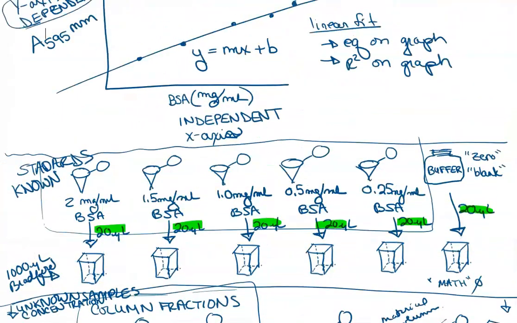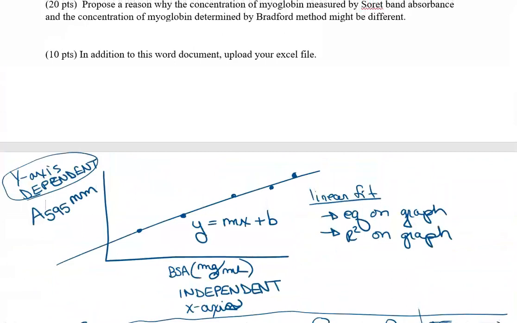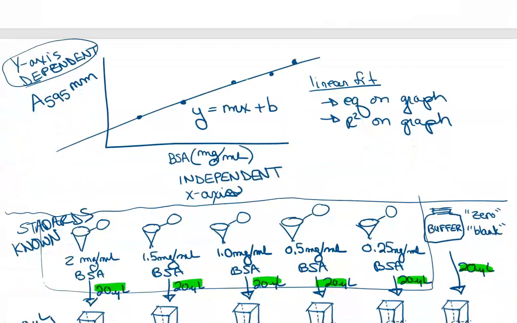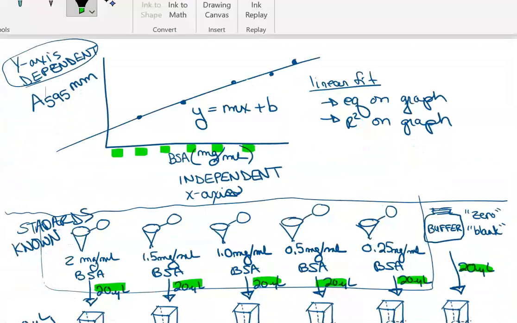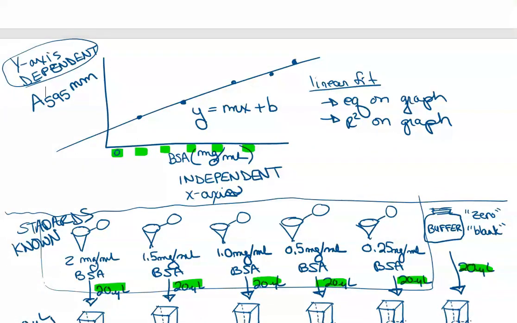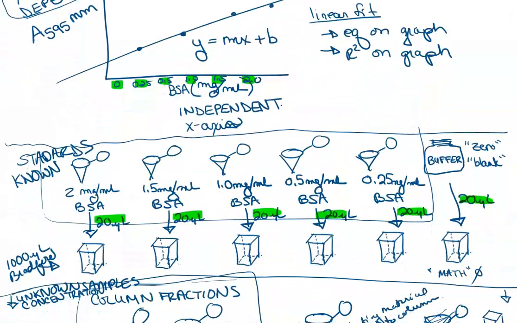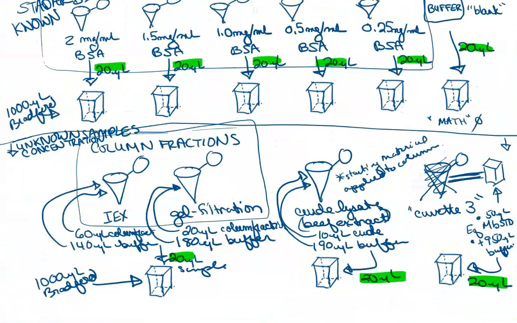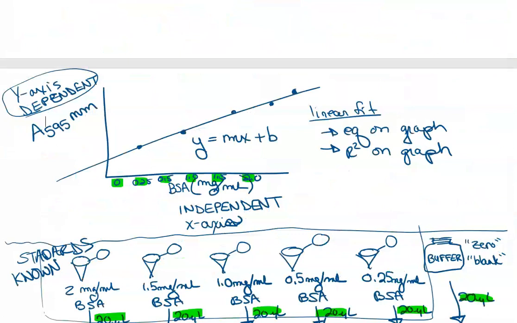When we do the graphing, we can report the BSA concentration in our standard points directly. So this would be 0, 0.25, 0.5, 1.0, 1.5, and 2.0. And because we used the same volume of the standard curve points and the same volume for our unknowns, we can do this.